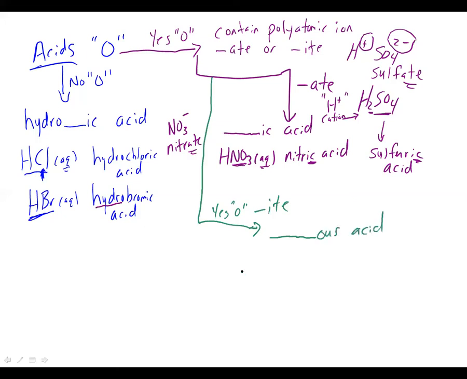If we take HNO2, for example, NO2 here is NO2 minus, which is nitrite from that list. Again, our H, which is our cation, is H plus. Because it's ite, we follow this route and end in OUS. So this becomes nitrous acid.